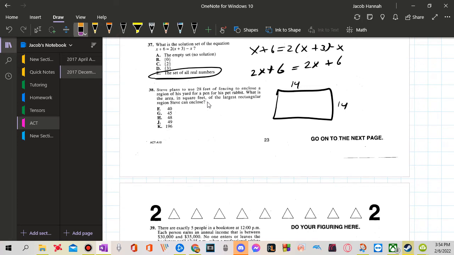Actually, hold on. What is the area in square feet of the largest?